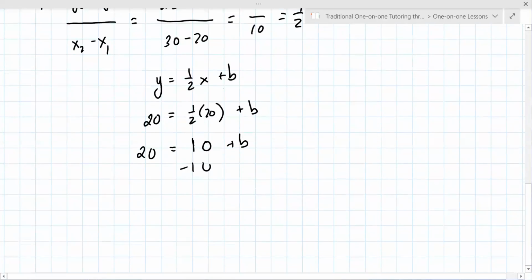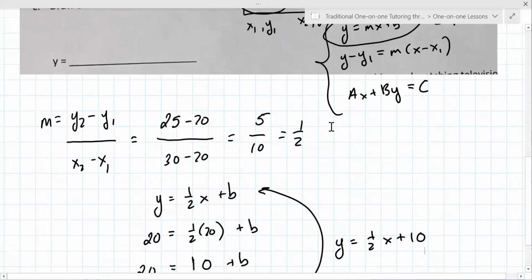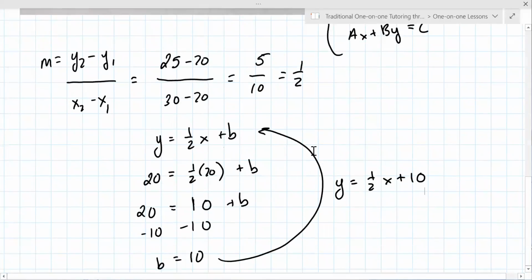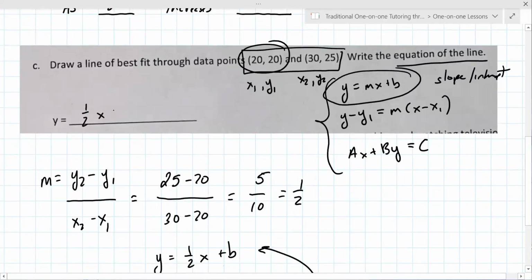Subtract 10 from both sides, and b equals 10. That goes back to this line here: y equals 1/2 x plus 10. So this is your final answer, your equation. b is 10, and you put it back into the original, so 1/2 x plus 10.